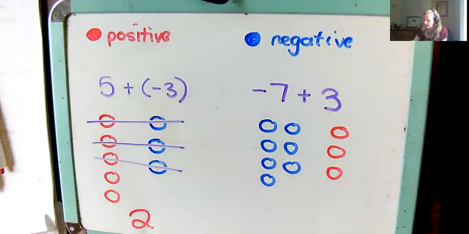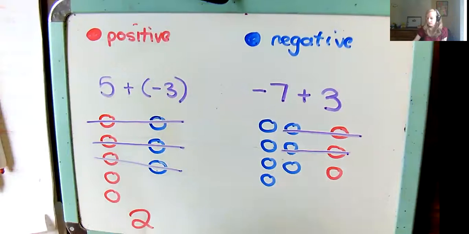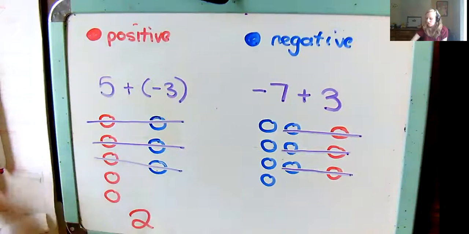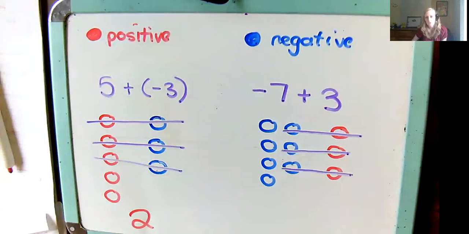It's called a 0 pair. There's a 0 pair. There's another 0 pair. There's another 0 pair. Only cross out 0 pairs. Take your time to do one at a time. What are you left with? You're left with 4 blue circles, which represents the integer negative 4.